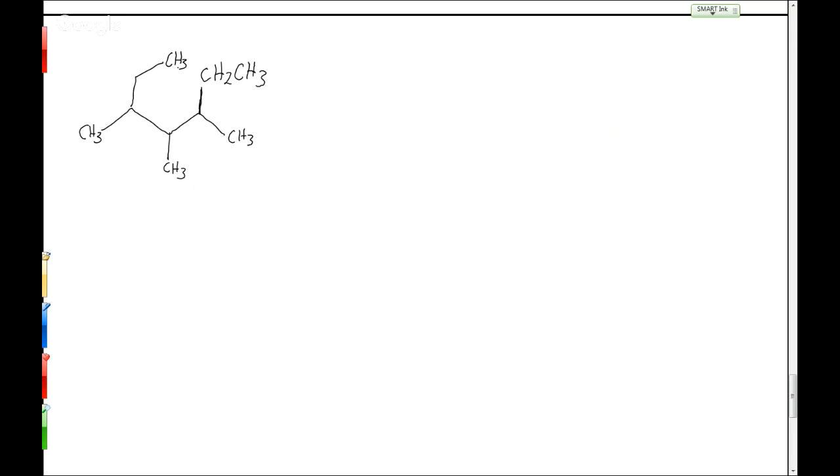By the longest chain. By the longest chain, yeah. So what's the longest chain here? 7. 7? Where do you see 7? Starting at the top left, the CH3, and then kind of looping around to the ethyl group.